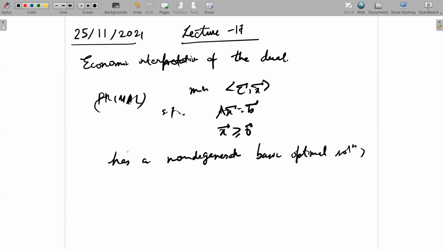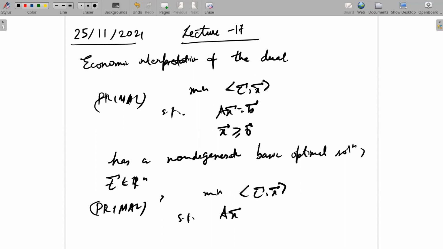But the whole moral of the story was, if you choose any vector t in R^n and look at the perturbed primal problem, so you perturb it a little bit, you minimize c dot x and you increase your resources such that Ax equals b plus t, x greater than or equal to 0.